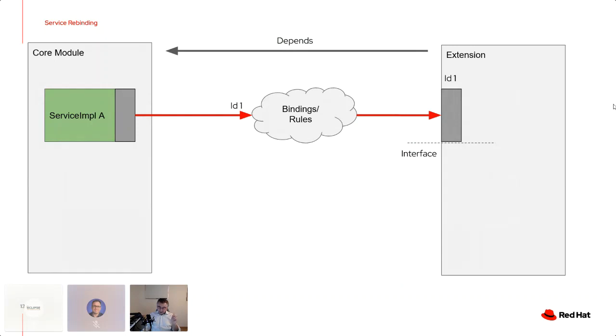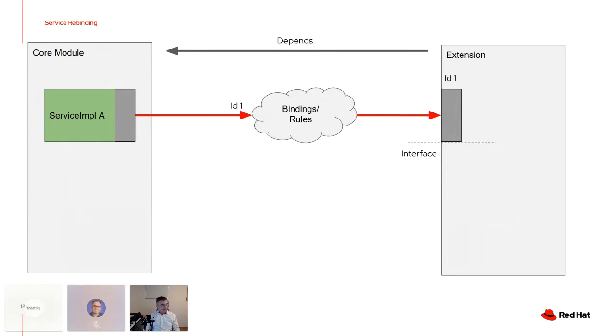So we talked a lot about customizing and configuring the Theia framework in Theia applications. And one of the important patterns here is that you can rebind a service that's already bound in the core to something else. So we have some service implementation, which is bound to a certain identifier, which is used in an extension.